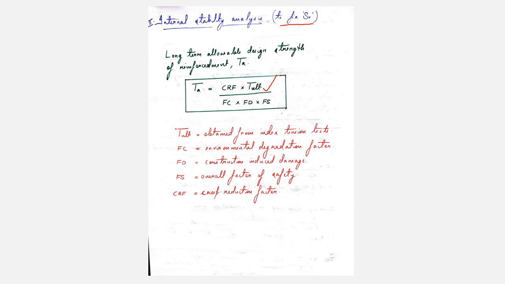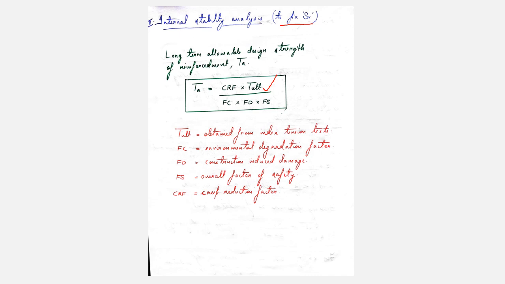But this tensile strength value can never be achieved in the actual field condition, because in actual field condition the reinforcement will be subjected to several damages. There can be construction induced damage, creep induced damage, and other environmental induced damages. So all these damages will not help in achieving the tensile strength obtained through the laboratory test.